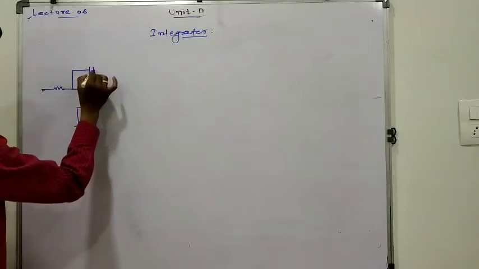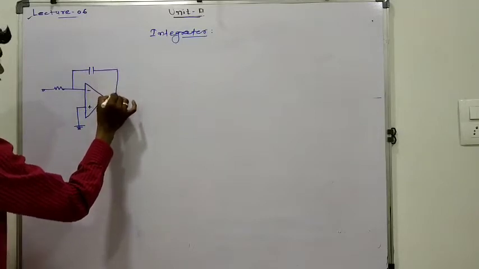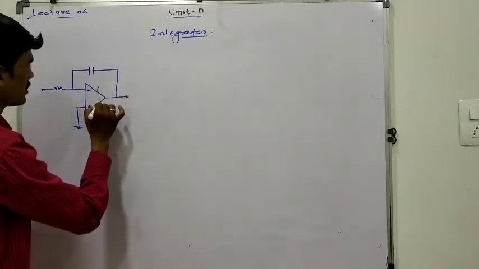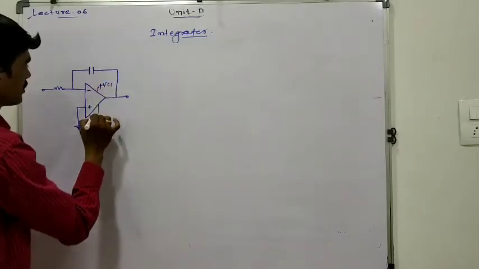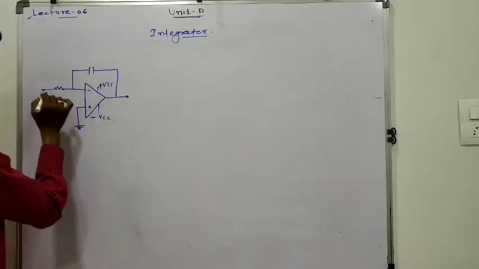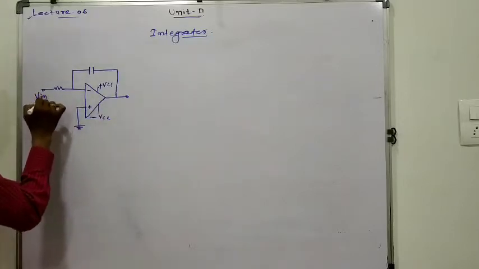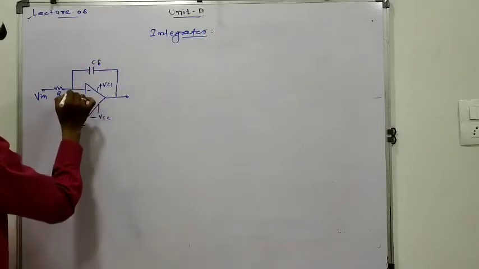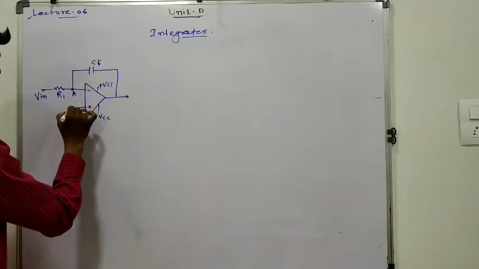A capacitor is connected in the feedback circuit of the integrator. This is plus VCC, this is minus VCC. Here we provide the V in, this is R1, this is CF, and this point we can call A, this is point B.